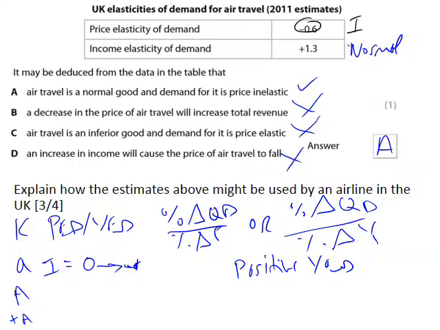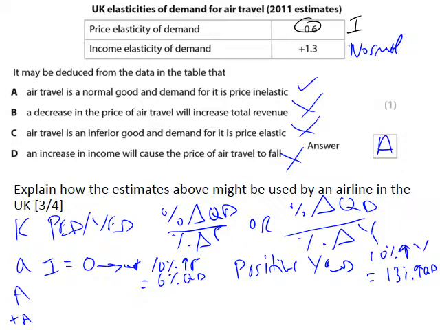If you wanted to, you could also add some figures, so a 10% rise in price would equal a 6% fall in quantity demanded, or a 10% rise in income would equal a 13% rise in quantity demanded.